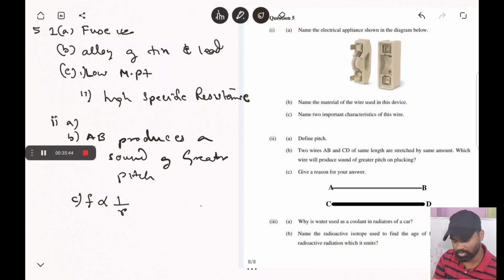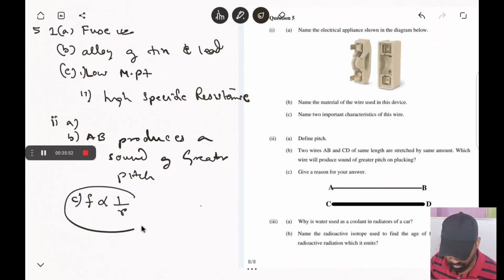Yes or no? So if you look at wire A, the thickness is less, which means the frequency will be more over there. Yes or no? So this is the reason why frequency is inversely proportional to the thickness of the wire. If the thickness is less, the frequency will be more. High-pitched sound. Getting it? Sure. This was number C.